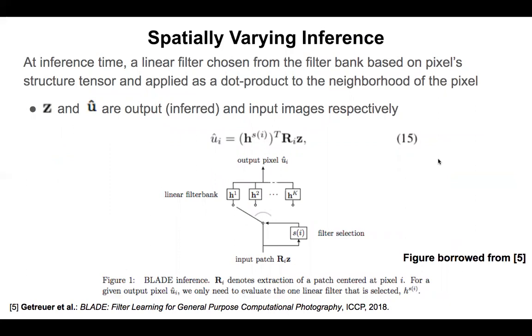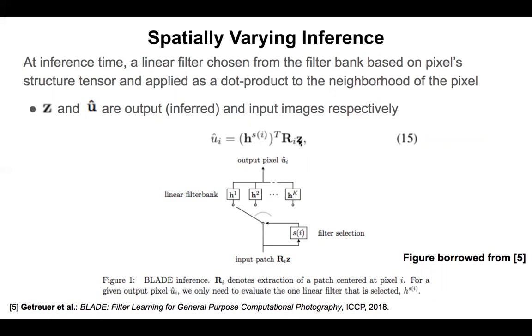Essentially, we have an FIR filter bank, and at inference time, based on the local neighborhood or vicinity of the pixel, we choose a filter, which is H. The selection criterion, S of I, is based on the structure tensor, which is the local information of the pixel.